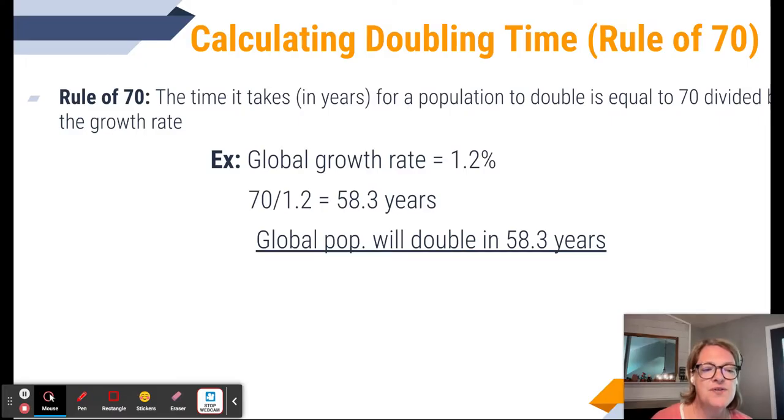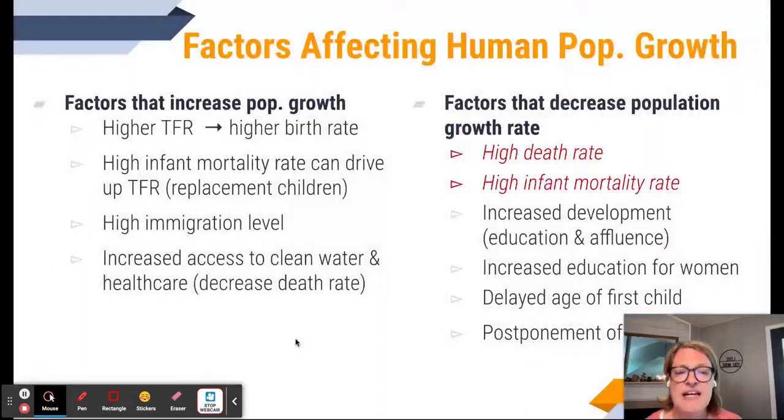So in just under 60 years, the population can actually double in size. Right now, it's over 8 billion people, so I can't imagine what the world would look like with 16 billion people. Hopefully, we'll not ever experience that, but we'll have to see what countries are doing to keep their populations in check.